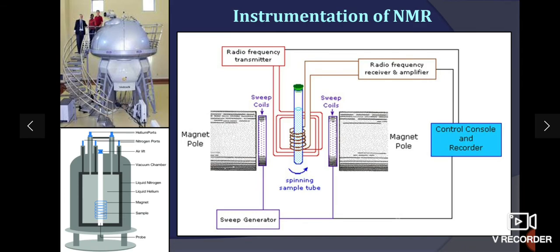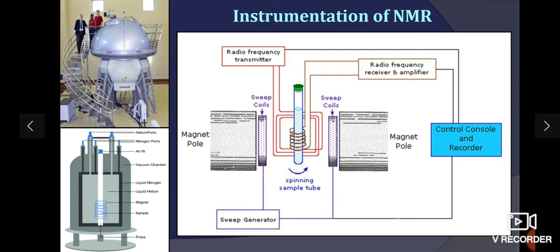The first figure shows the NMR instrument placed in a separate room, and the second diagram shows the NMR block diagram. The third one shows the flow chart.